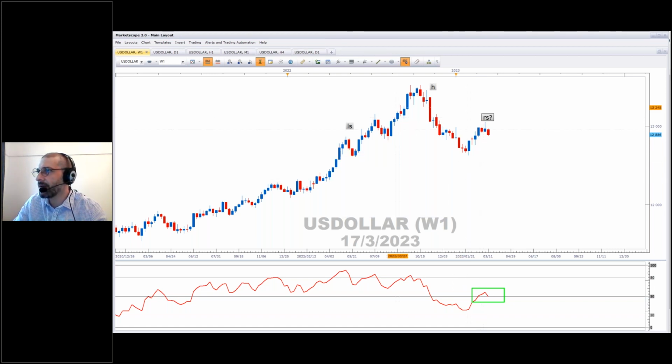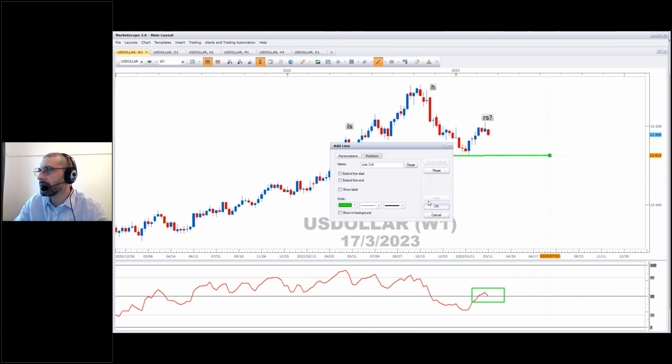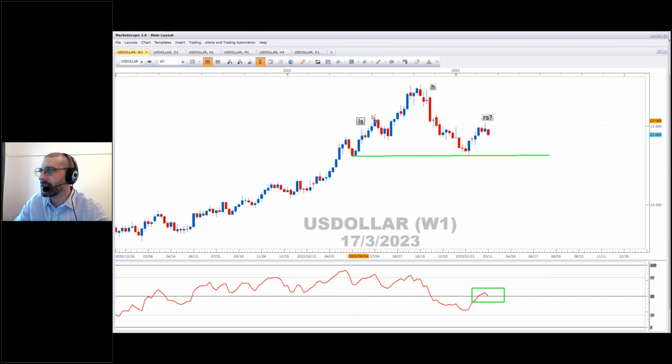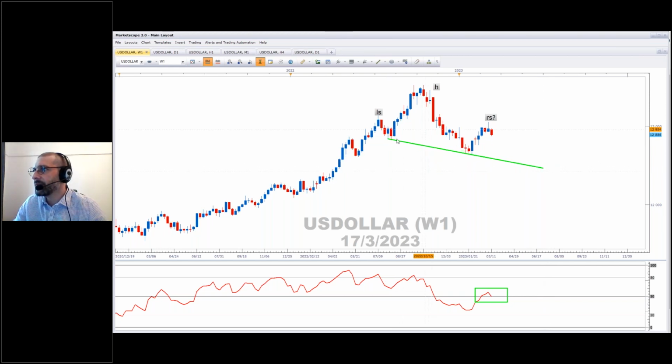We'll only know after the fact. If we take this as the left shoulder, then the neckline would look more like that. Okay, so it looks as if there is some sort of topping pattern that's taking place on the US dollar now.